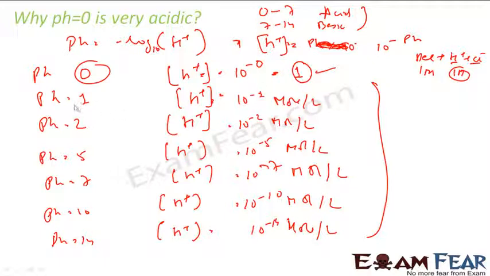If you take pH equal to 1, the hydrogen ion concentration is a little less, 10 to the power minus 1 mole per liter. That is almost 10% of the acid got dissociated. Similarly, if you increase the value of pH, the hydrogen ion concentration goes down. That's why pH equal to 0 is very acidic. If you increase the value of pH, the acidic nature goes down.